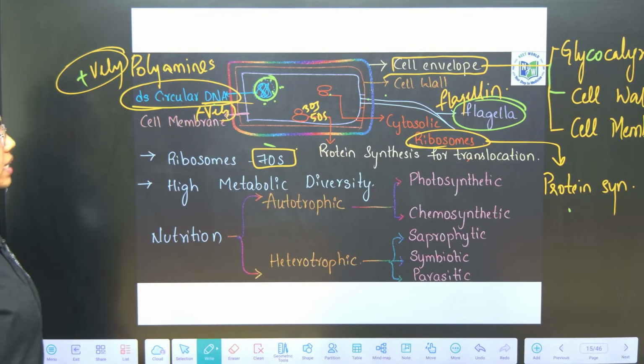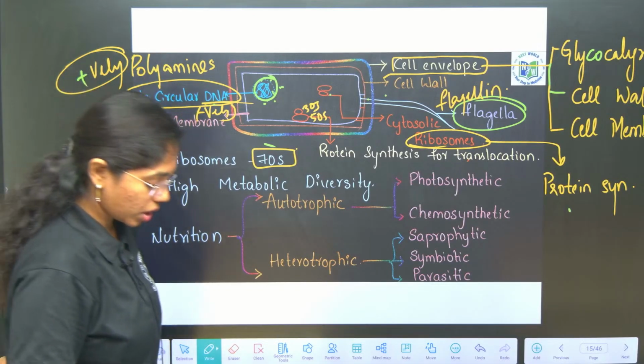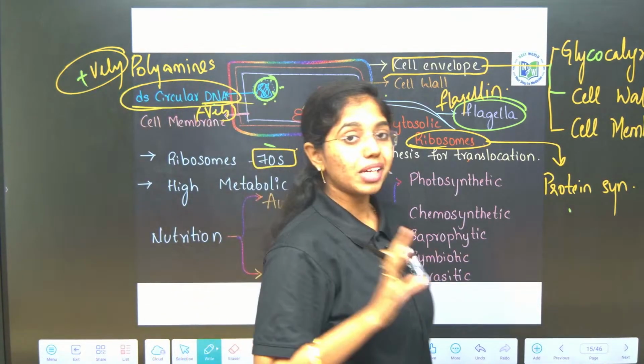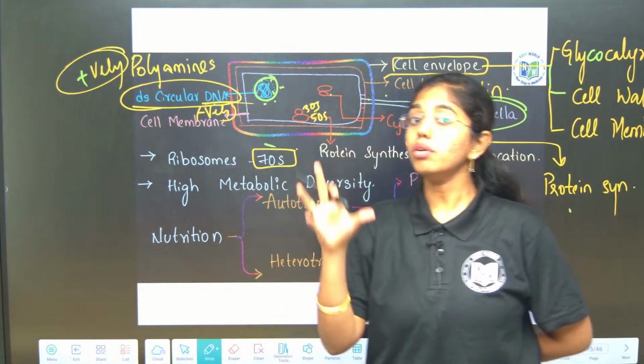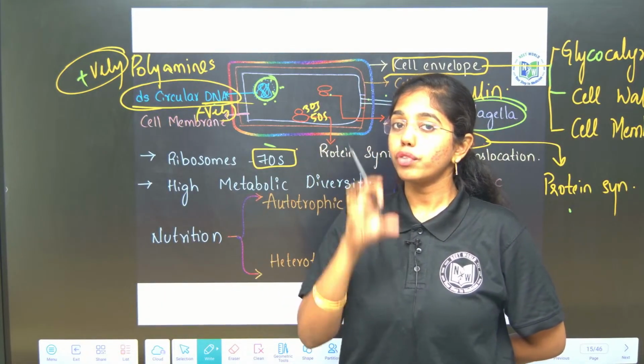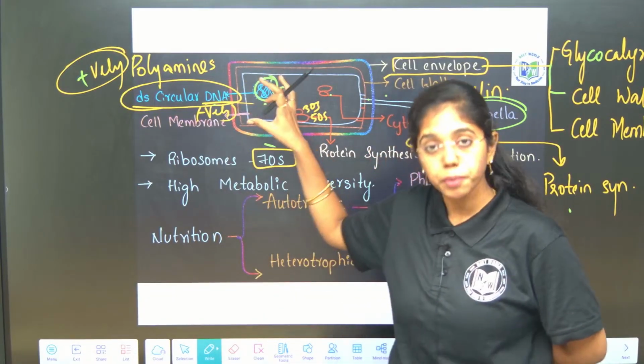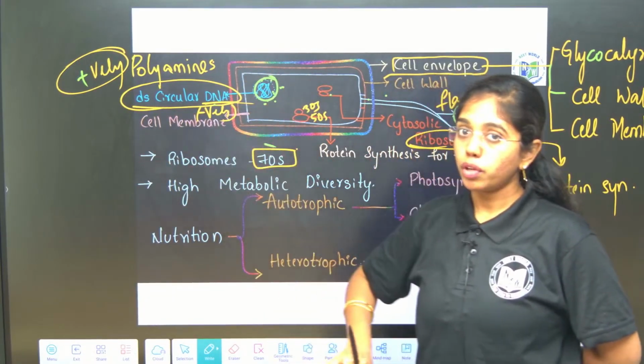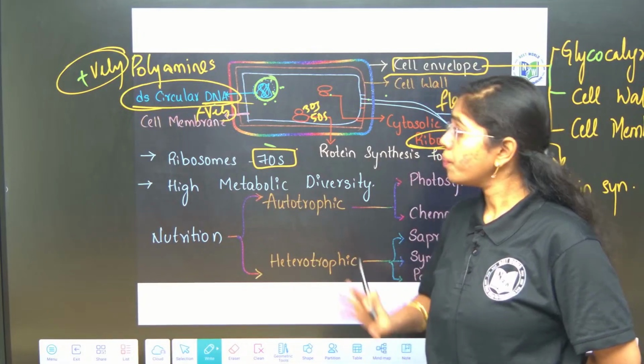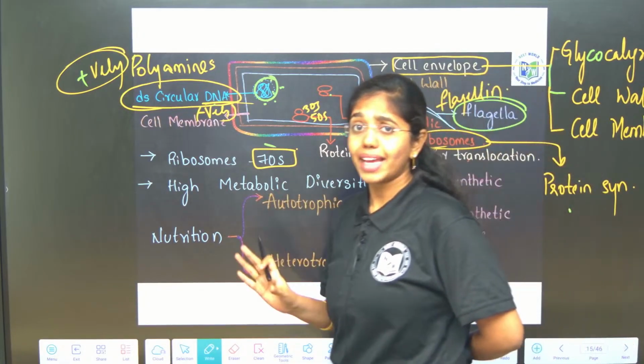Next, they exhibit highest metabolic diversity. When I was explaining the table, I told you the highest diversity in mode of nutrition is exhibited by the kingdom Monera, right? Not just mode of nutrition, even in respiration, kingdom Monera will show highest diversity.